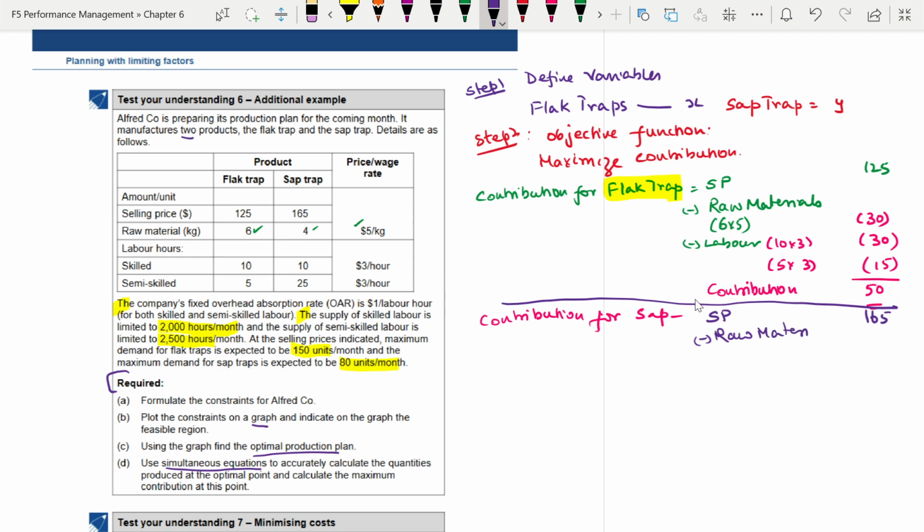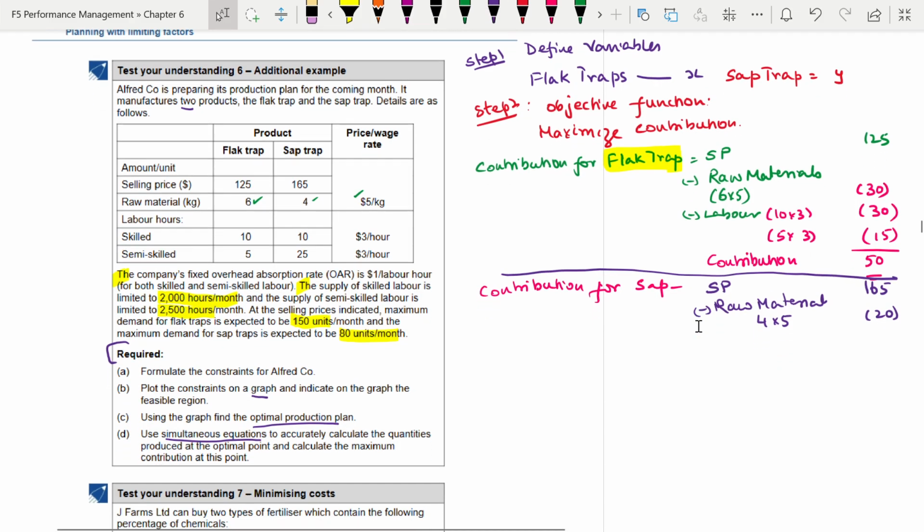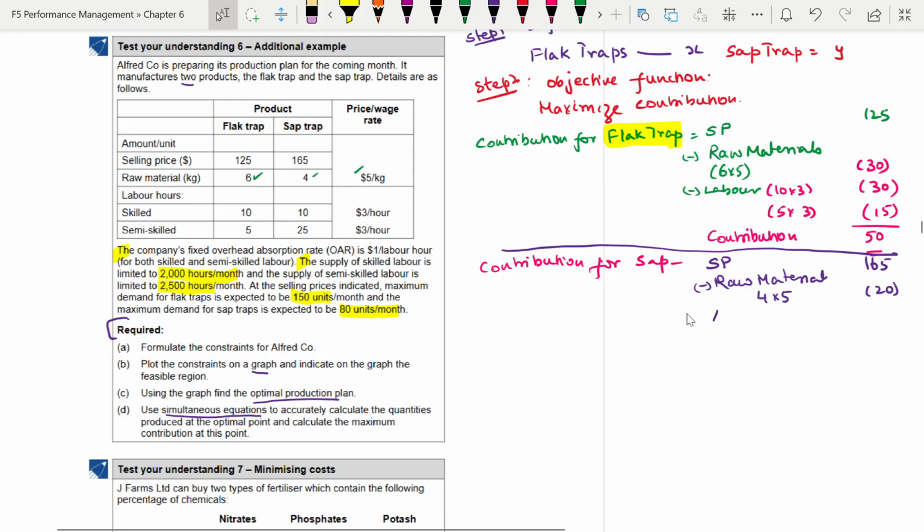Raw materials are 4 times 5, 20. Next, labor: there are two types of labor. 10 into 3, 30, and 25 times 3, 75. Are you clear about this? Yes. 165 minus 20 minus 30 minus 75 gives 40.